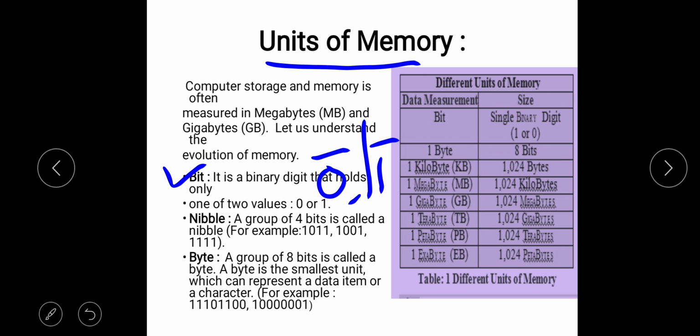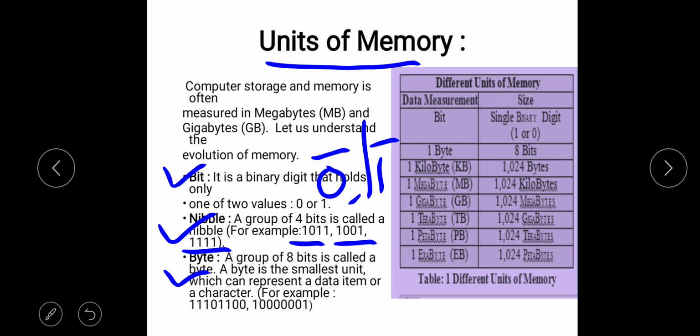Next is the nibble. A group of 4 bits is called a nibble. For example, 1011, 1111 or 1001, where 4 bits are used to represent a nibble. And next is the byte.